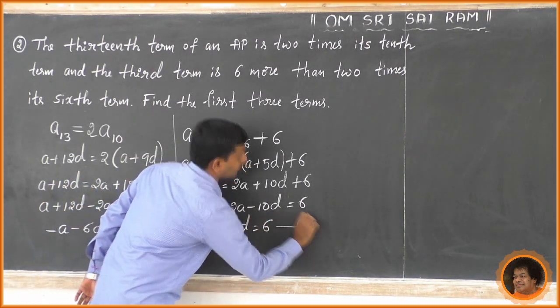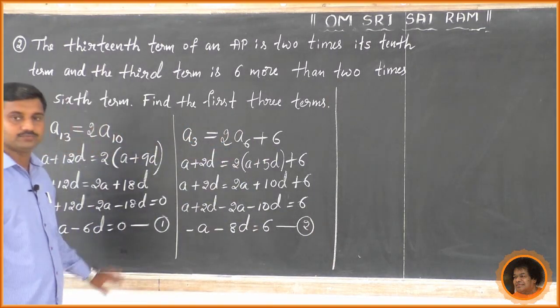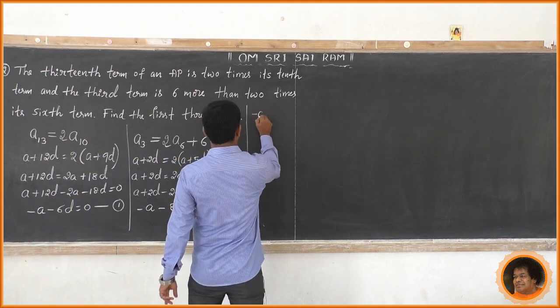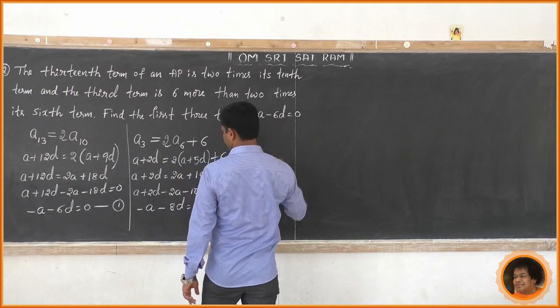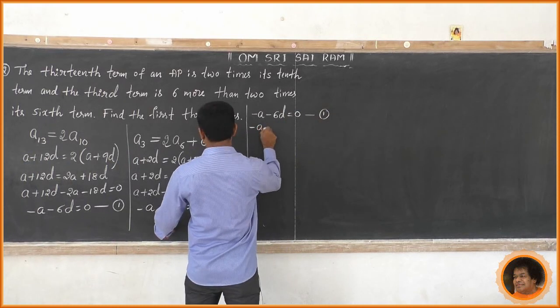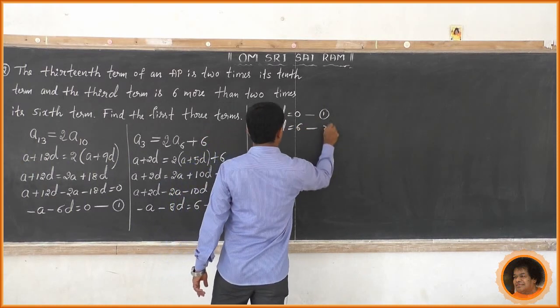Equation number 2. Now consider equation 1 and equation 2: minus A minus 6D equals 0, equation number 1, and minus A minus 8D equals 6, equation number 2.